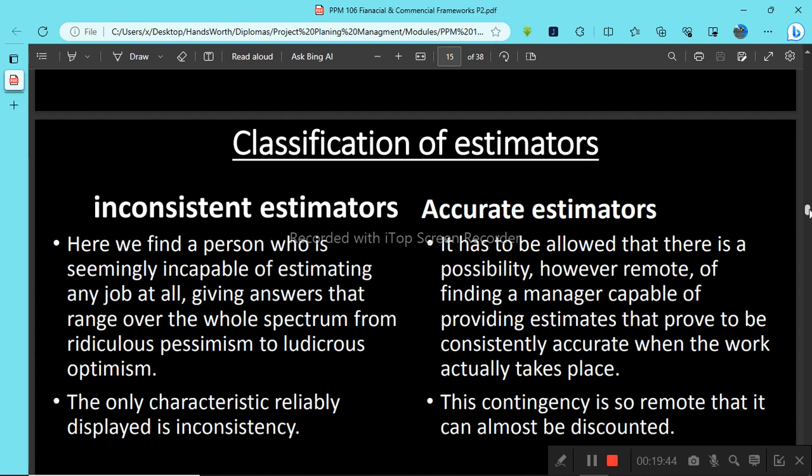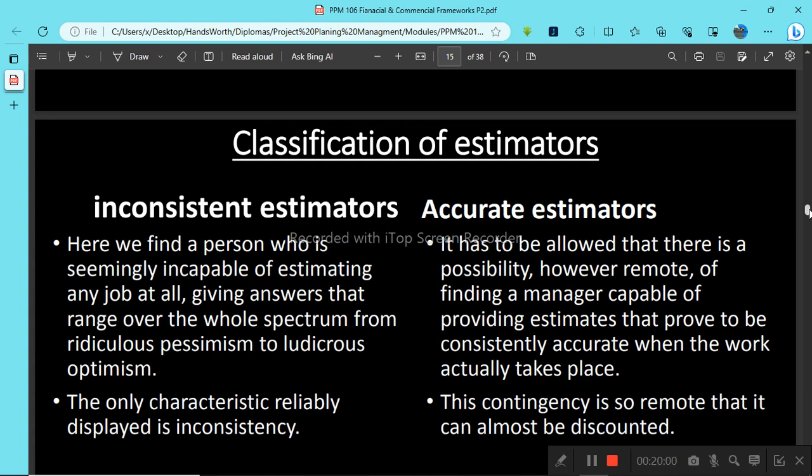Right, so here they are simply talking about a person who is undecided. They don't know where they fall between pessimism and optimism. So you have to either strike a balance or fall on either side.